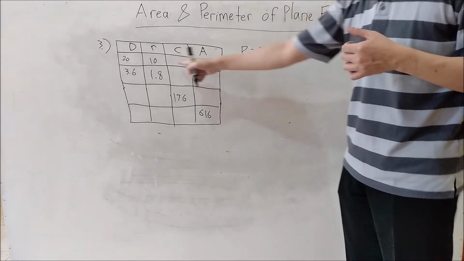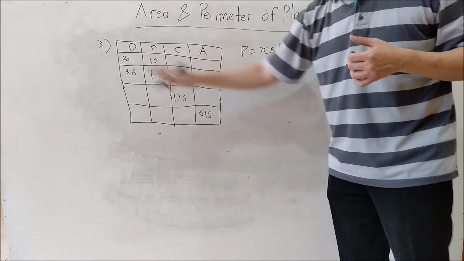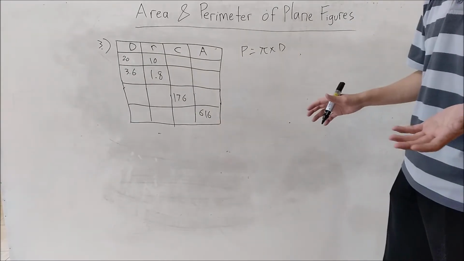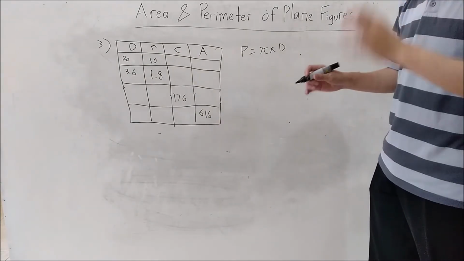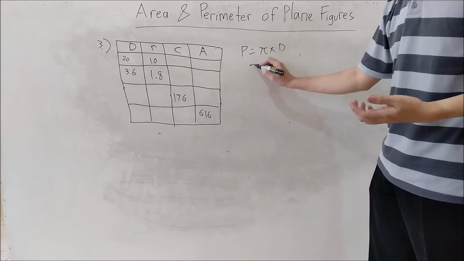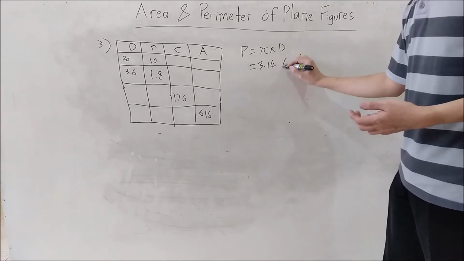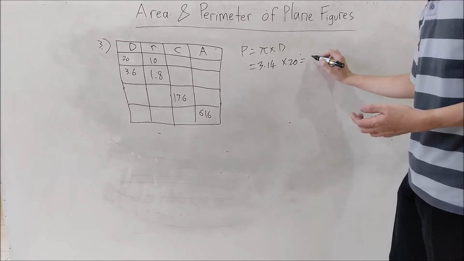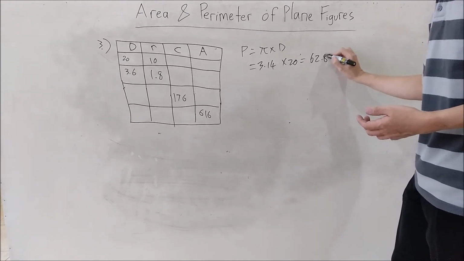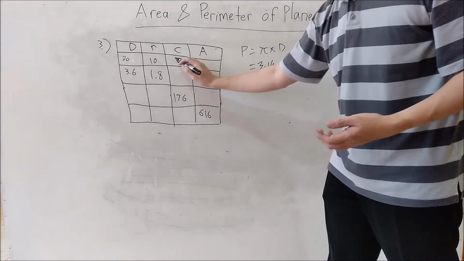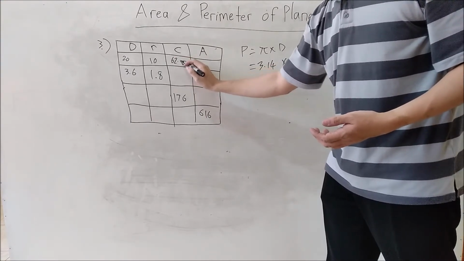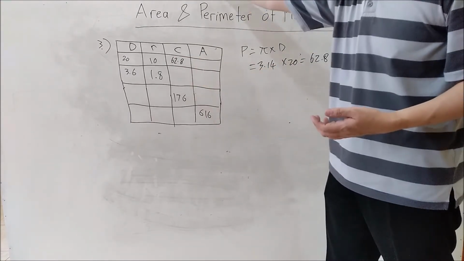In this case, since the diameter is 20, which is not dividable by 7, I will use 3.14 as the pi and then times 20. Then I will get 62.8. So that is the perimeter or the circumference of the first circle.